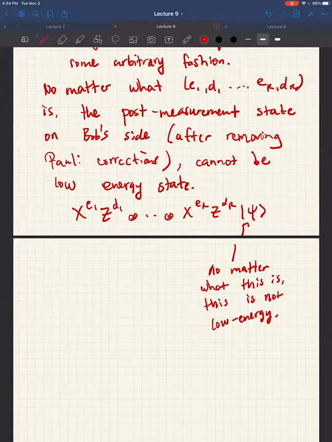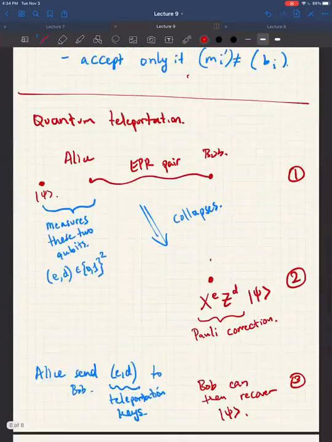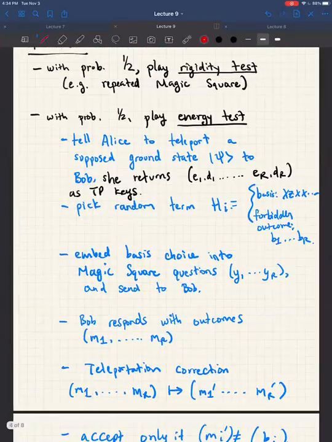So that basically concludes the description of this whole protocol. Using the rigidity test, we know that Bob's always going to be honest, and in the energy test, we don't need to trust Alice.